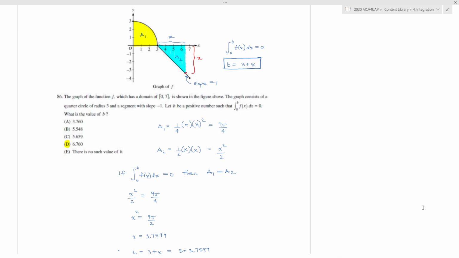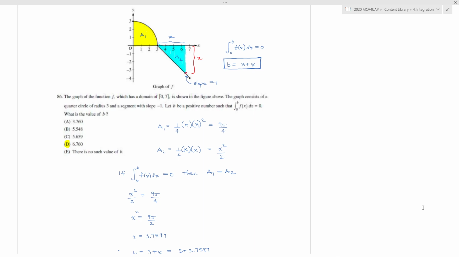So if I start at 3 and I go over x units, then I'm only going to fall on that line where that red dot is if I go down the same number of units. Okay? That's important. So that triangle has a base and height that's exactly the same length, which is x, because that slope is -1.